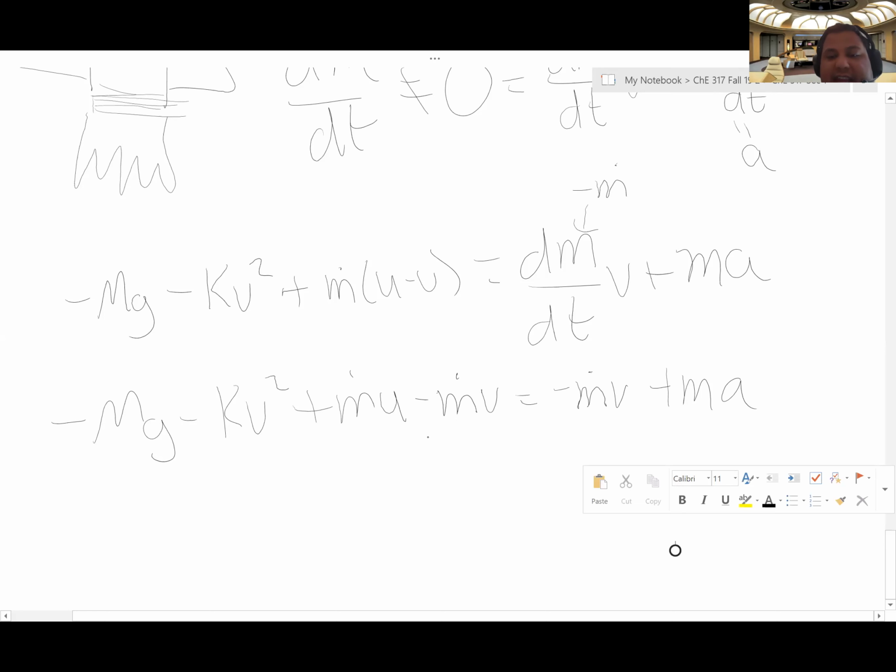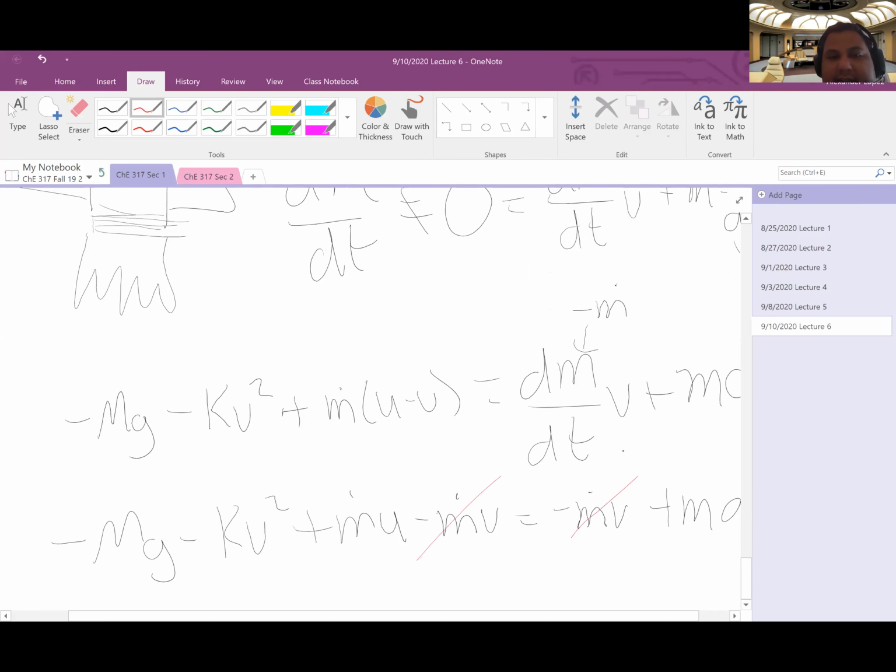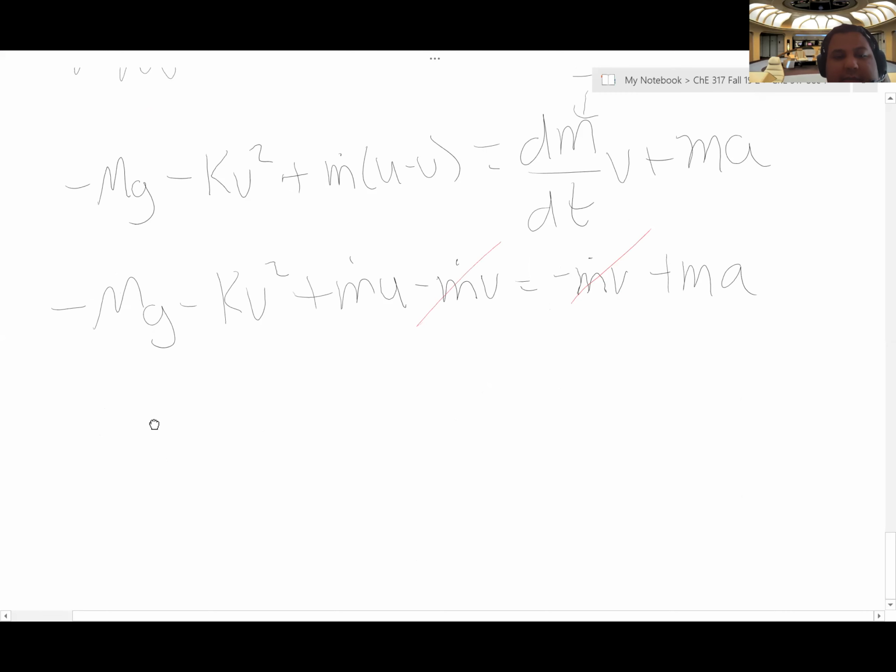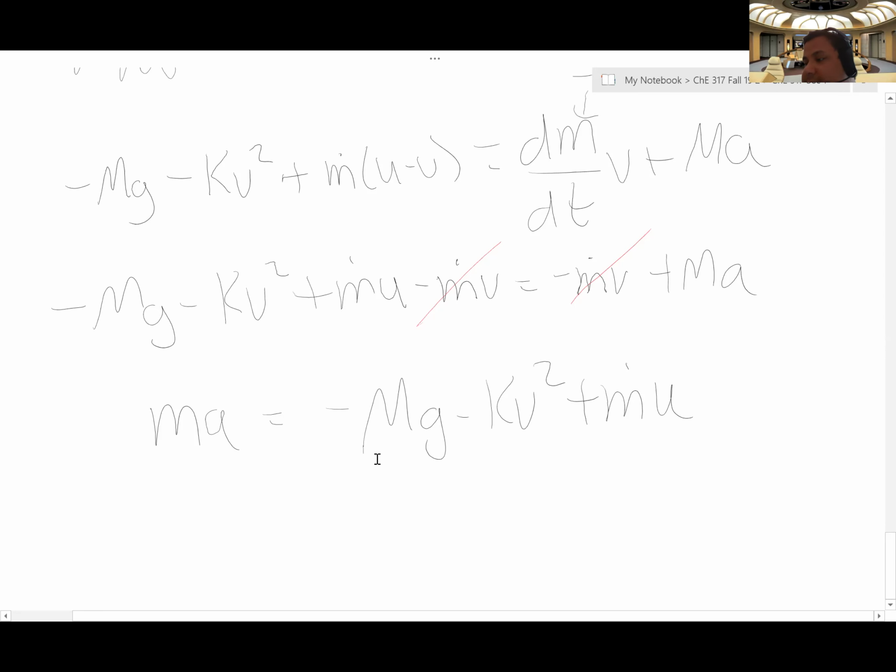Since mv shows up on both sides of the expression, the good news is it cancels. So what I'm left with is mass times A is equal to negative mass times gravity minus kv squared plus mass flow rate times u. And this is a different mass. I'll make it capital because that's the mass of the rocket as compared to the mass flow rate.